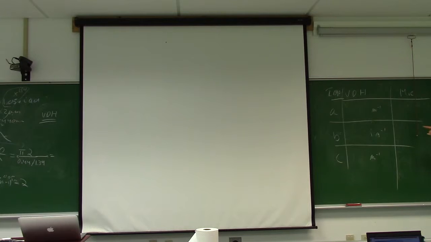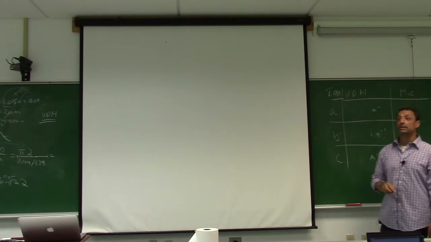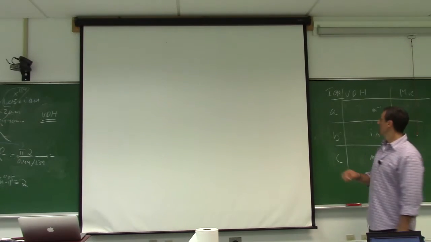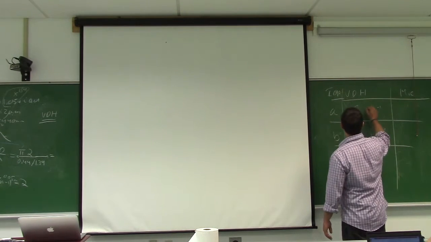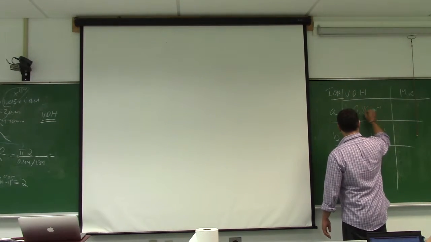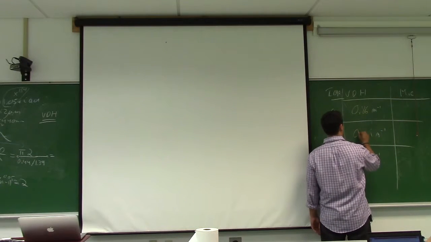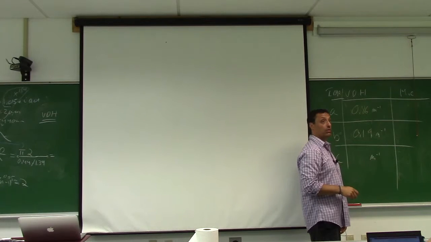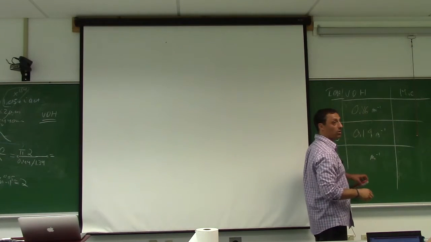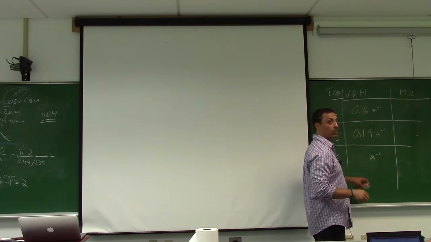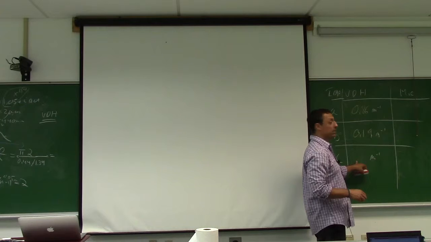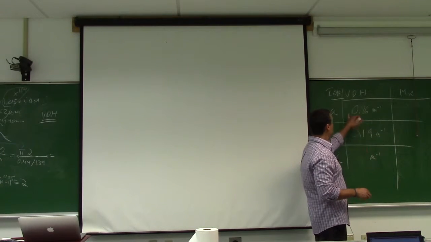So what does that translate to in terms of A, B, and C? I got 0.062. 0.086. 0.19 in B? Yeah. And for C? I got 0.25. That cannot be. Because A plus B equals C.